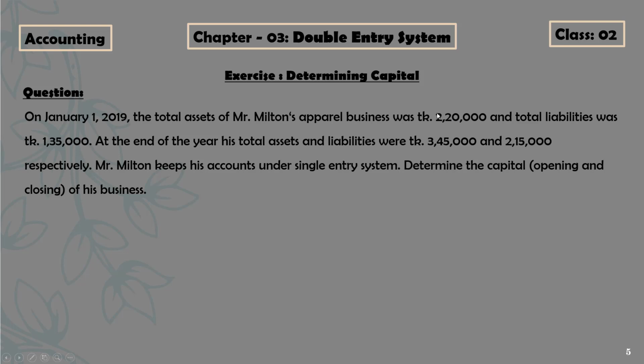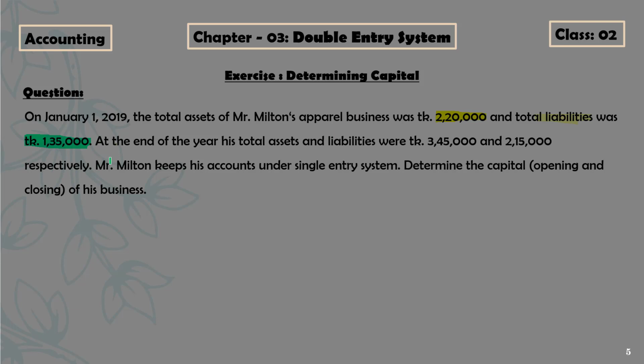So please consider the 2,20,000 as opening assets, and liabilities was taka 1,35,000. Okay, these are opening assets and opening liabilities. We will use them to determine opening capital.